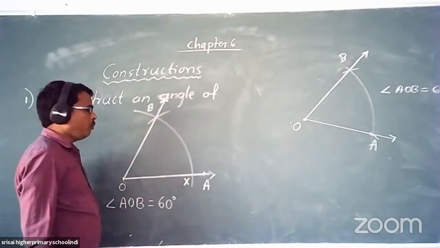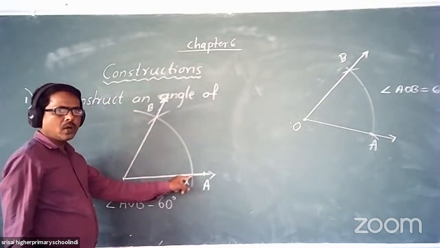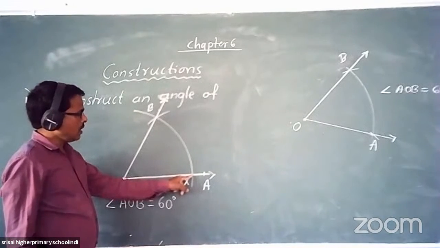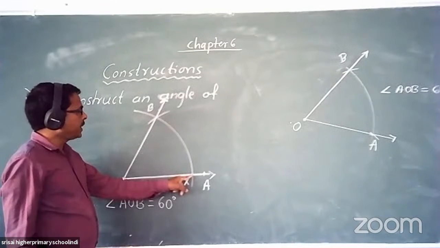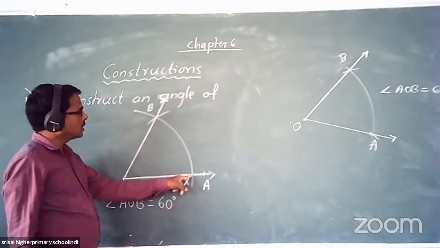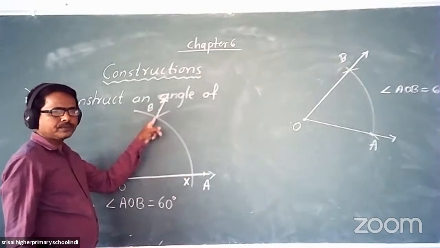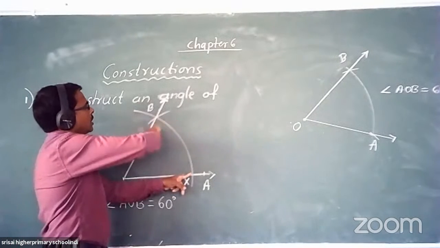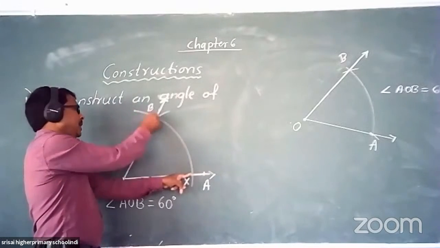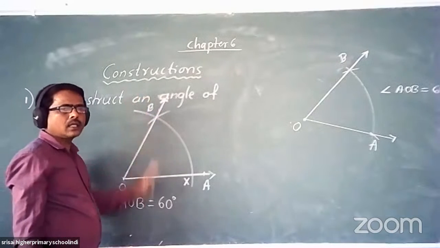Now keep the fixed arm of the compass on X without changing the arc length. Then draw another arc to cut the previous arc at B. Now join OB.